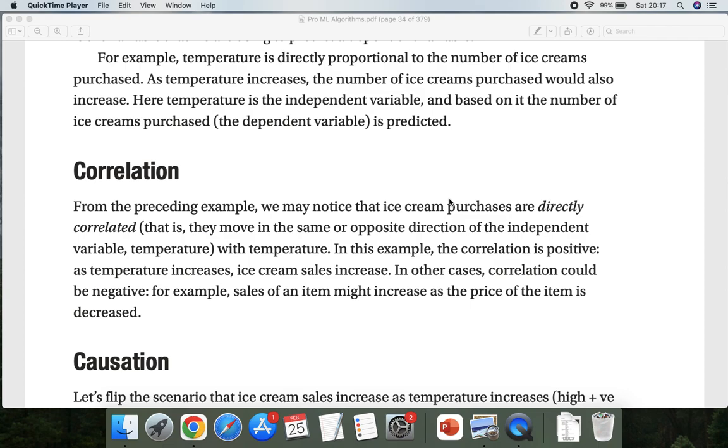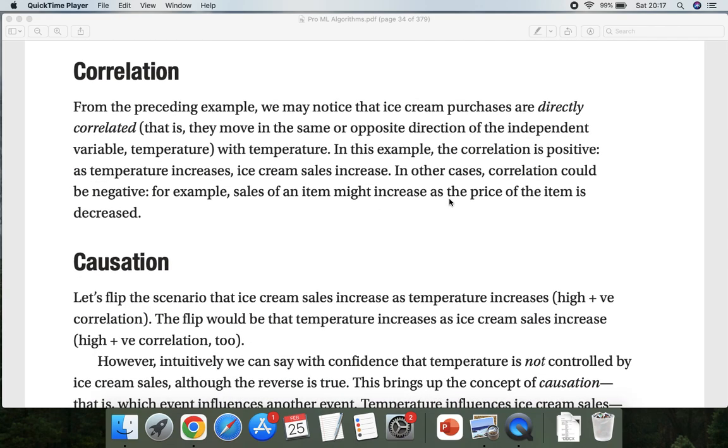The second important concept here is correlation. Correlation is very important because in linear regression we are actually correlating things or establishing a relationship between the different variables. So first we want to establish that there is a relationship existing between the two or more variables. For example, in the ice cream and temperature example, we say that ice cream purchases are directly correlated with temperature. In this particular case, the correlation is positive because as the temperature is increasing, the ice cream sale is also increasing.